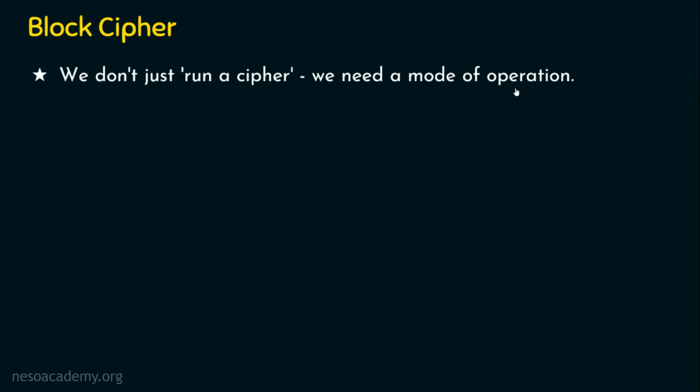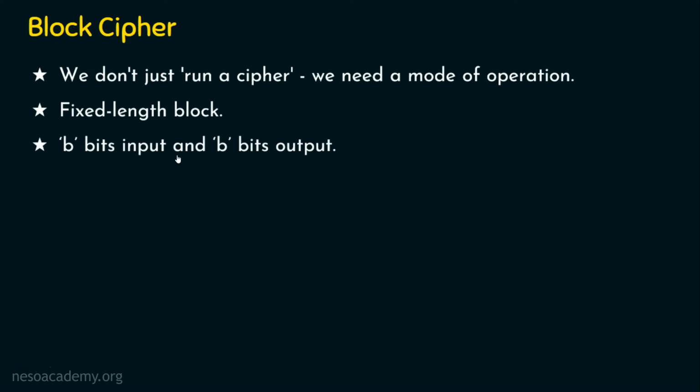This mode of operation is going to work on a block cipher like DES or AES. We are talking about block ciphers, so obviously we'll have a fixed length block. DES uses a 64-bit block as the input and output, whereas AES uses a 128-bit block as the input and output. Suppose we are inputting B bits, and obviously we'll get B bits as output.